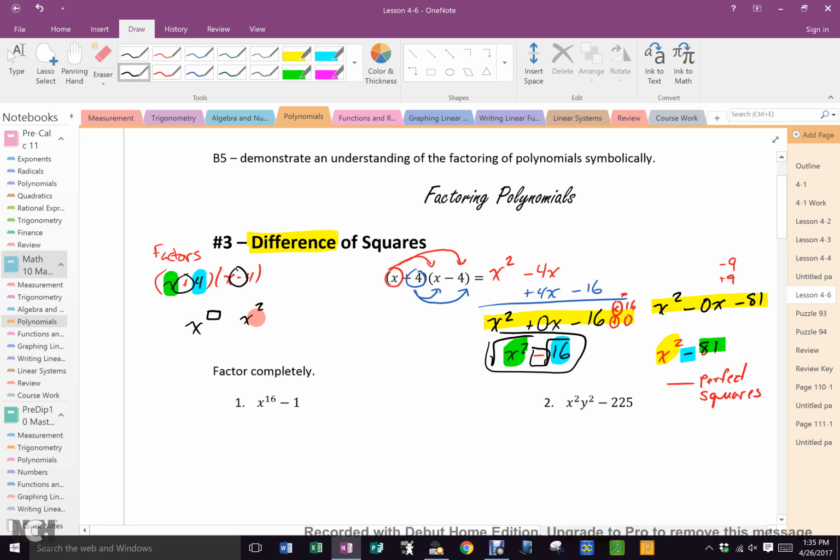What is it? X. Because x squared is really x times x, isn't it? And I can take out a group of 2, correct? Everybody agree? Okay. Does x cubed have a square root? Why? Because it's naughty. It's xxx.